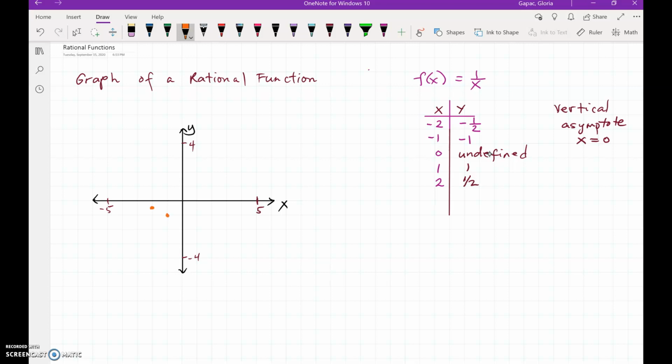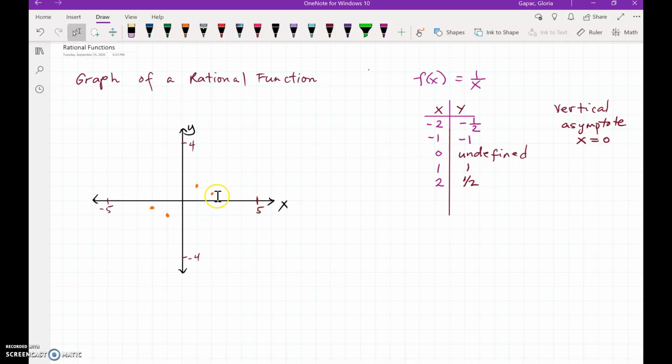And when I get to 0, no value will make it true. It's undefined. Then we'll do this 1. The value is 1 for the y. And then at 2, it is 1/2. Then if I have a 3 here, that means I will have 1/3. If it's x equals 4, I'm going to have 1/4.